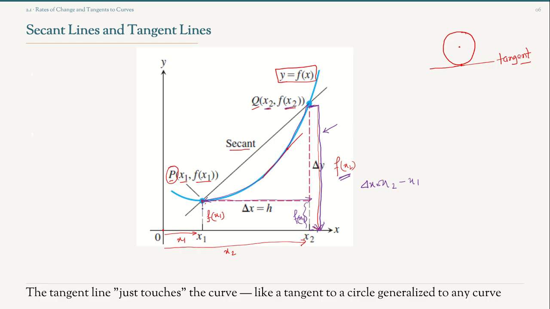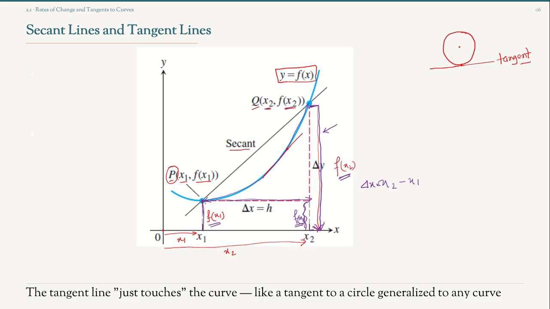And here, this one is x1, f of x1. Since this line is parallel to the x-axis, this distance will also be f of x1. So what is the change here?